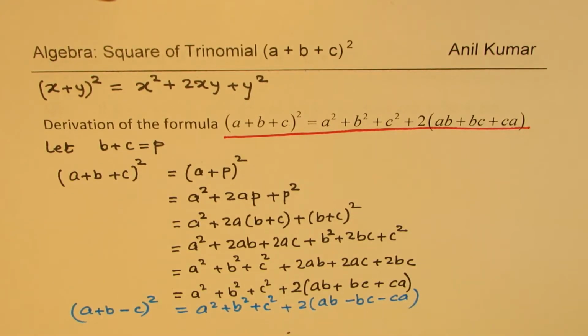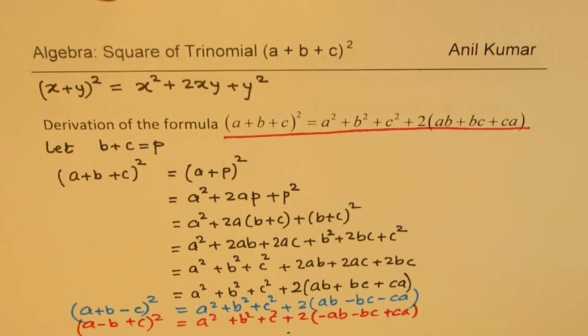Similarly, if I had a minus b plus c, in that case these three square terms will definitely remain positive, and the terms where we have b will become negative. So that way you could get formulas for different conditions, whether a is positive or negative, c is positive or negative, or whatever.